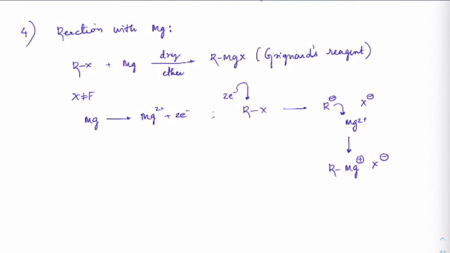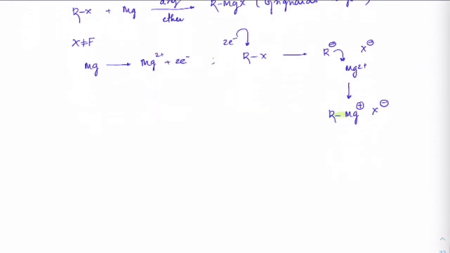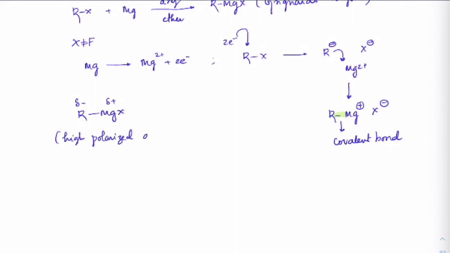The reason for writing a bond here is that it shows covalent character. That means it will be a covalent bond. In the whole molecule RMgX, we will have sufficient delta negative and delta positive, that means a highly polarized alkyl group.